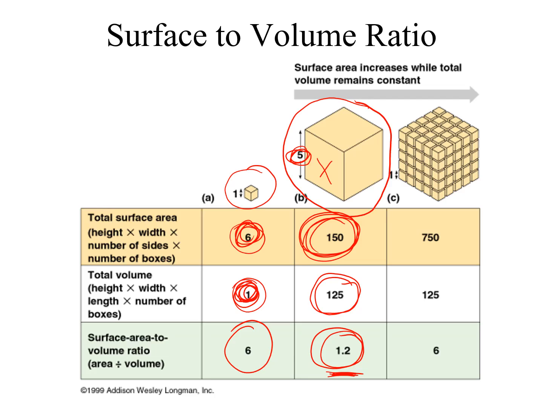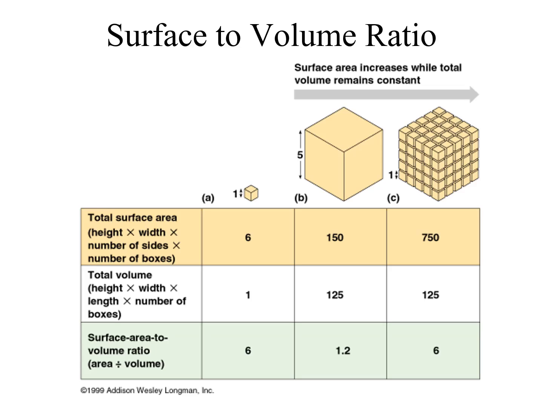And the problem is that the surface area is getting bigger, but the increase is not keeping up with the increase in volume. And so very quickly you get to the point where you are not able to move materials in and out of the cell fast enough to keep up with the demand, and the cell is going to die.